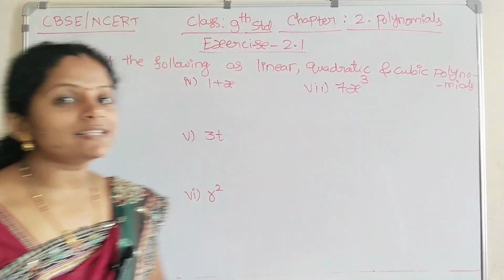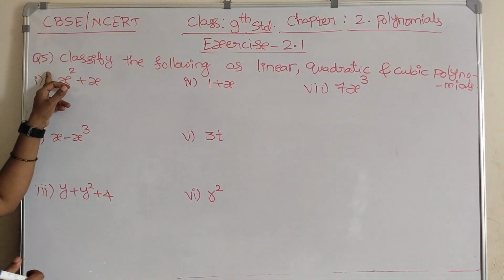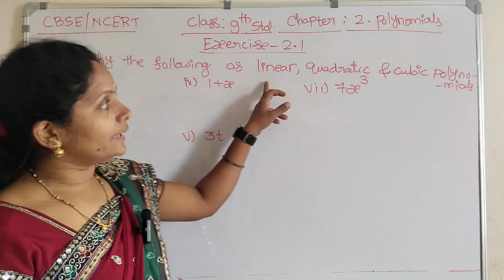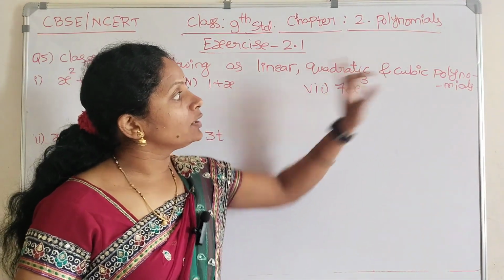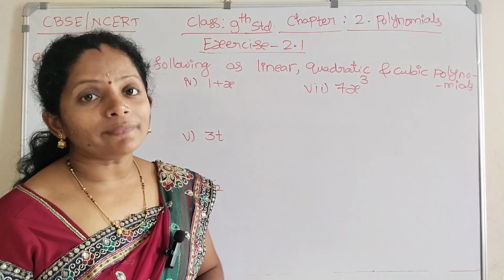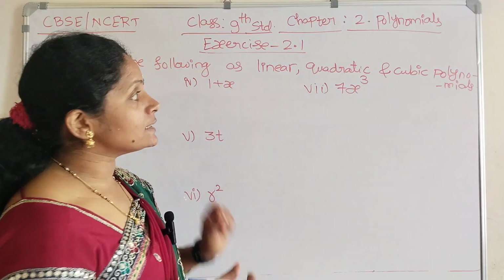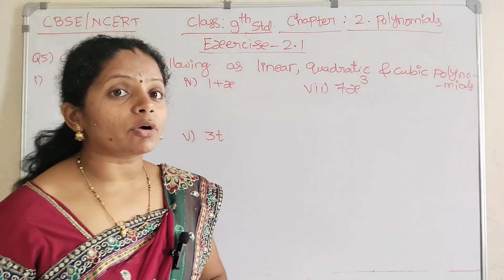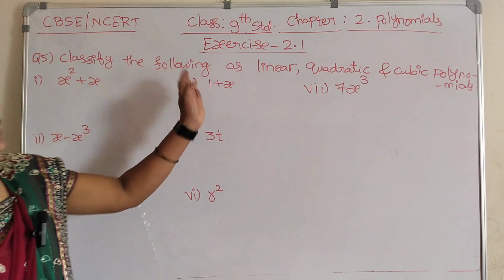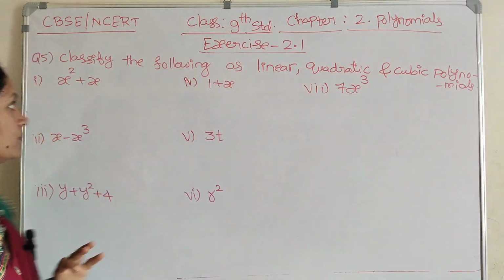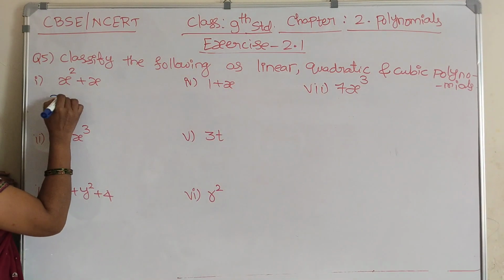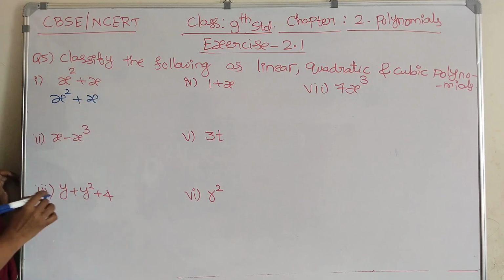The last question of this exercise is, classify the following as linear, quadratic and cubic polynomials. Based on their degrees, we have to classify these polynomials as linear, quadratic or cubic. X square plus x, this is the given polynomial.